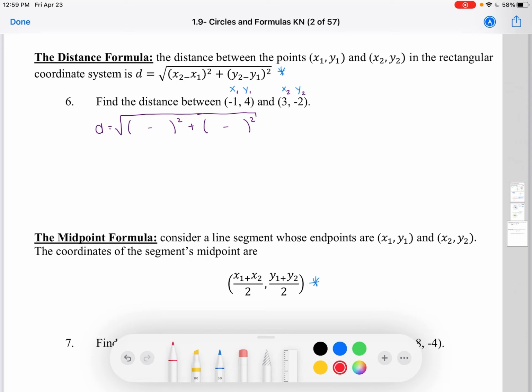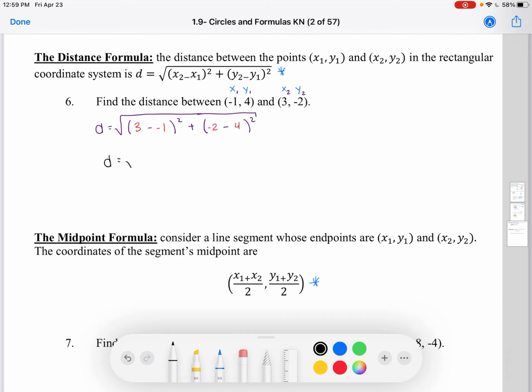And so I need the X2, which in my case was 3, minus my X1, which is -1, plus my Y2, which is -2, minus my Y1, which was +4. Pay close attention to negatives and positives on this, because the formula uses subtraction also. That is a key detail to pay close attention to.